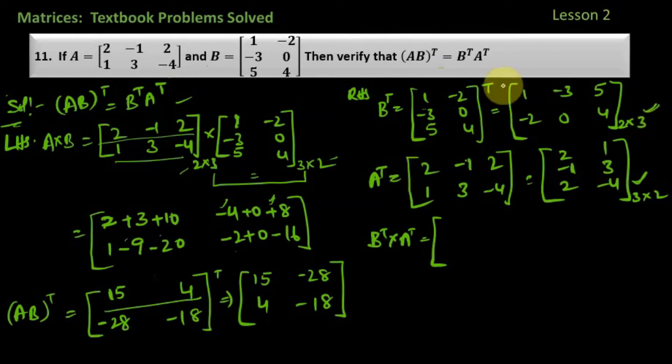Chalo, now we'll multiply. First row should be fixed and we should multiply this column. So 1 into 2 is 2, minus into minus plus 3 into 1 is plus 3. Now the third element, 5 into 2 is 10.